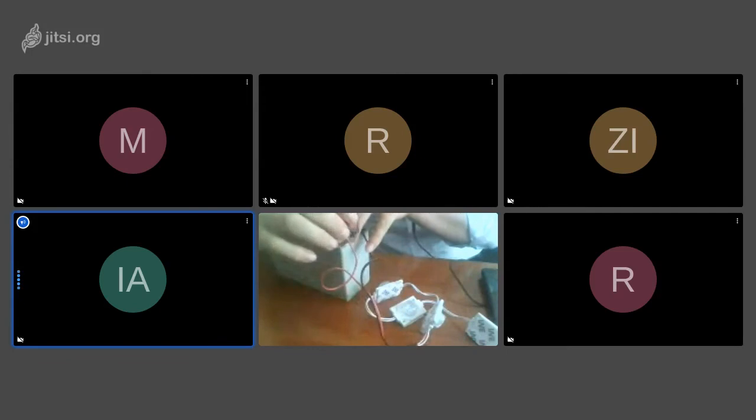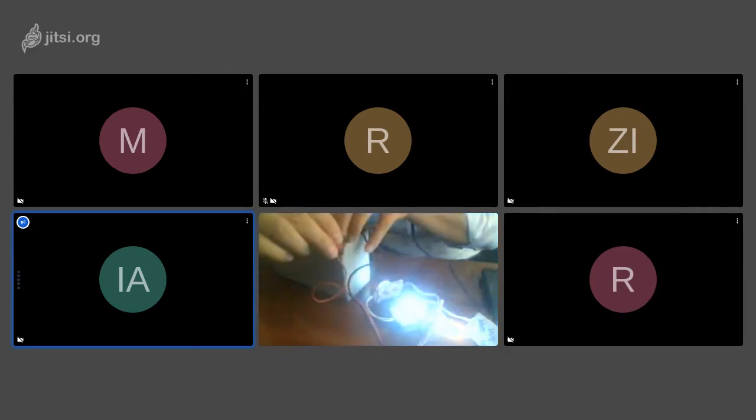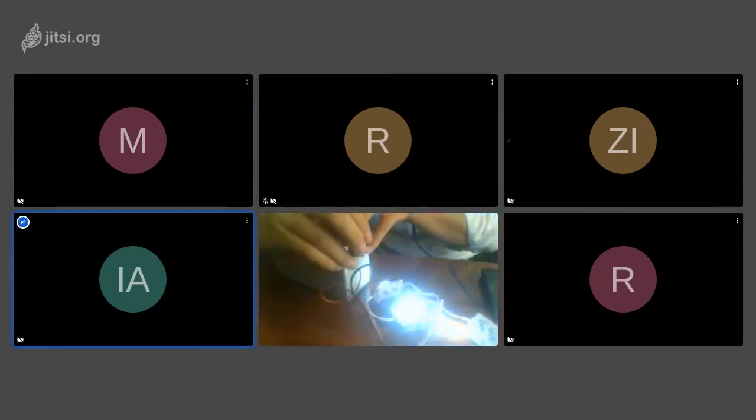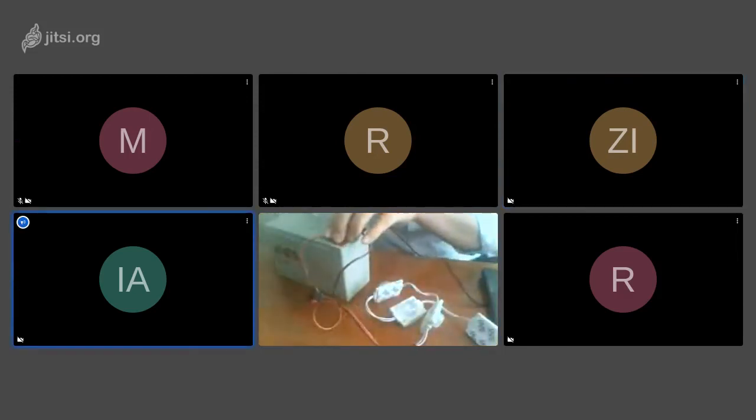Can you see the switch? Okay, we're on now. We're off. Okay, it's working. This is our first experiment of electric circuit.